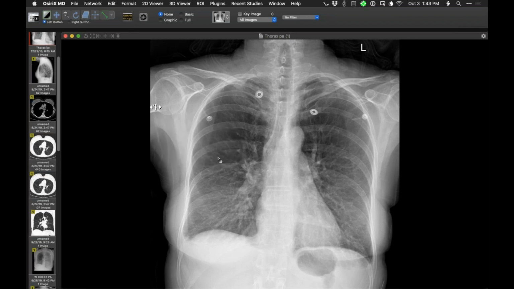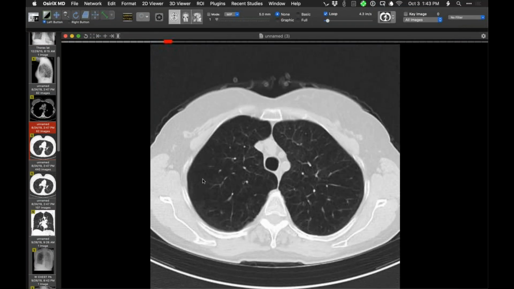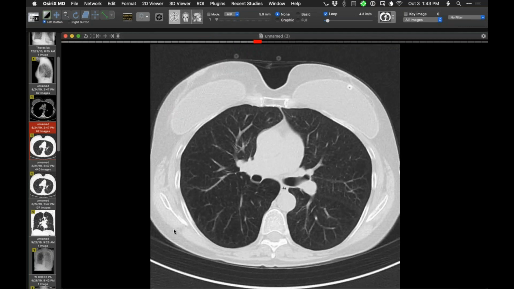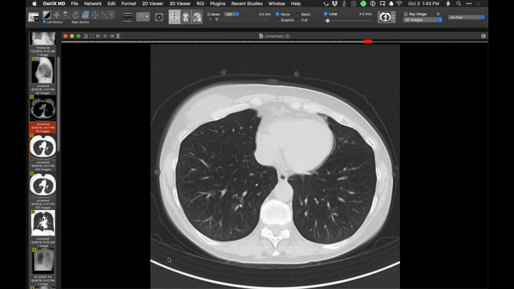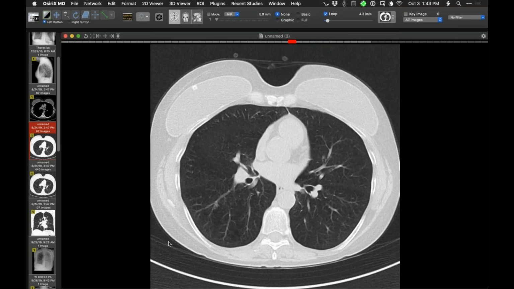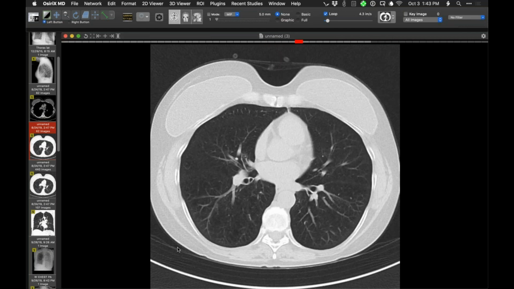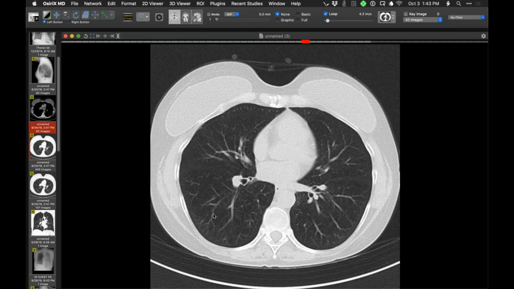Let me just give you a feel for the distribution of emphysema. Obviously very severe, very extensive, large bullae in the upper lung zones, whereas the lower lung zones look pretty good. The other thing that they look for prior to placing bronchial valves, in addition to the distribution of the emphysema, is the completeness of interlobar fissures.